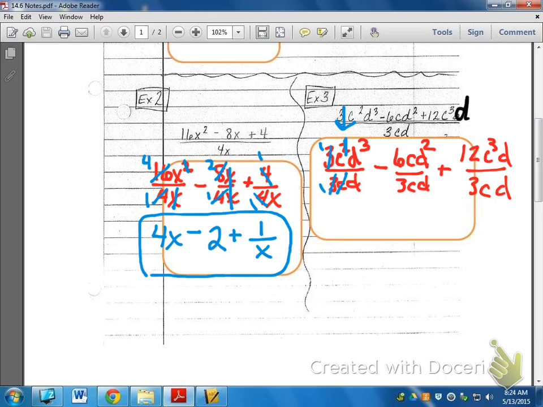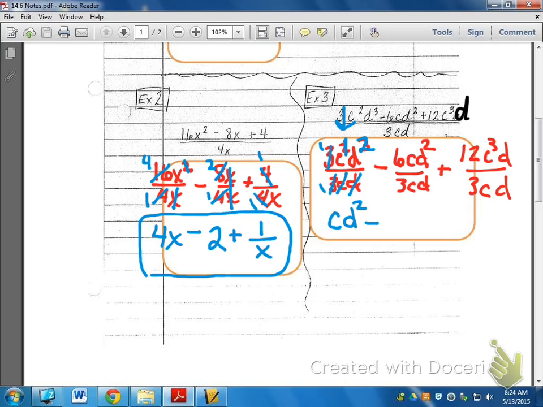I have 3 d's on the top and 1 d on the bottom. How many can I cancel? Just this one. So my d to the third really becomes d to the second. So the 3's are gone, the numbers just become 1's. So I have c d to the second over 1, but I'm not going to write that 1 on the bottom. So the first term is just c times d to the second.